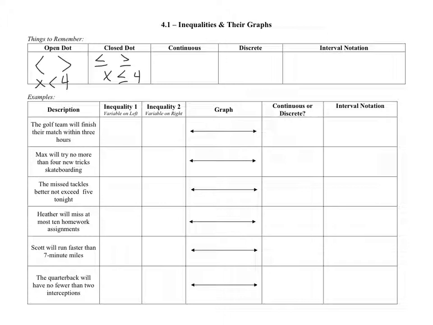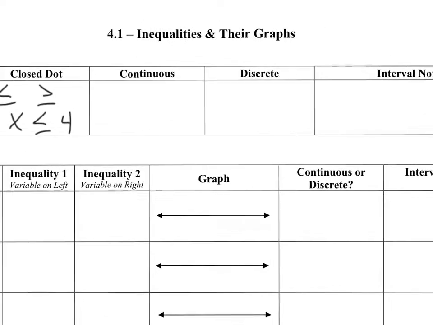A continuous situation means that it can take on any value within the range. So it's a word problem that can take on any value in the range of numbers. For example, a person's height could be any value.